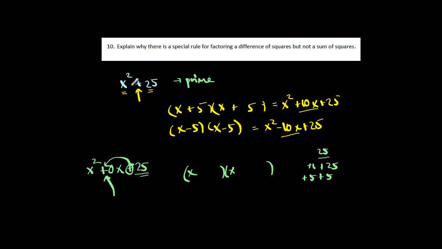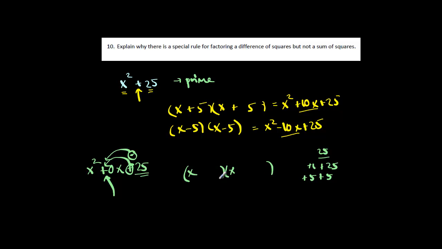If there was a minus sign here, then this says both signs are different. The larger one is positive, or one of them is positive, then you could use this one over here, positive 5, negative 5, and it would add up to 0. So then it would be x plus 5, x minus 5, and those are conjugates.